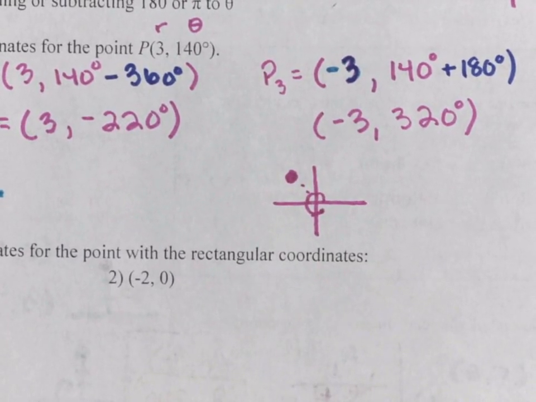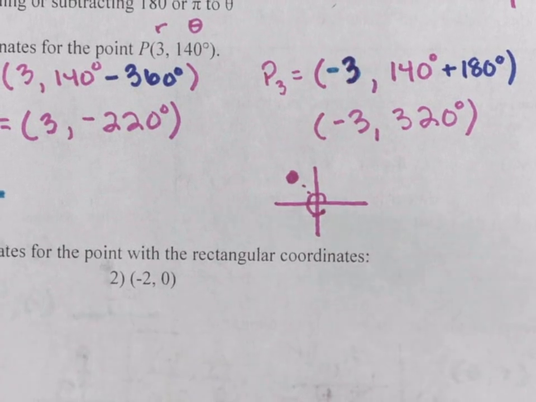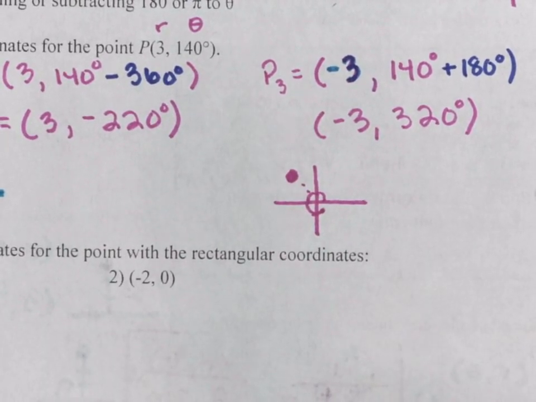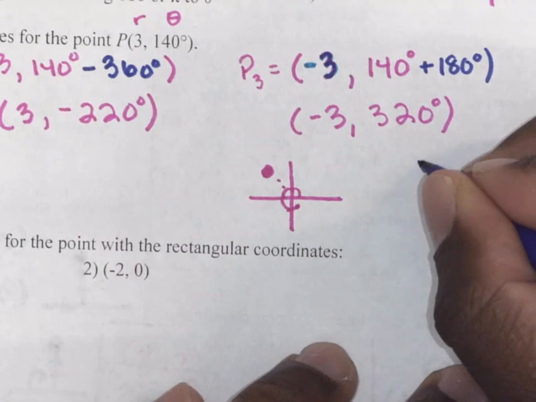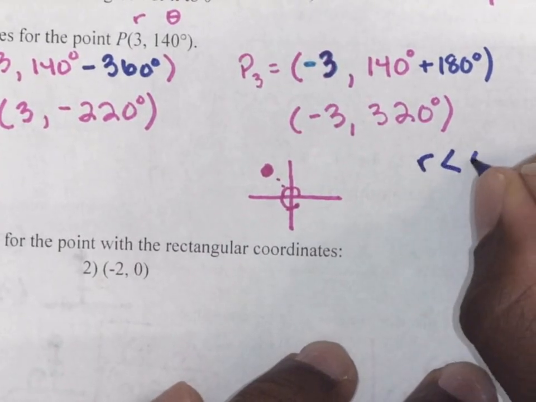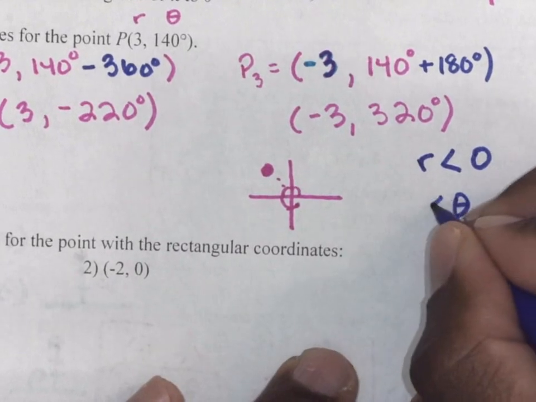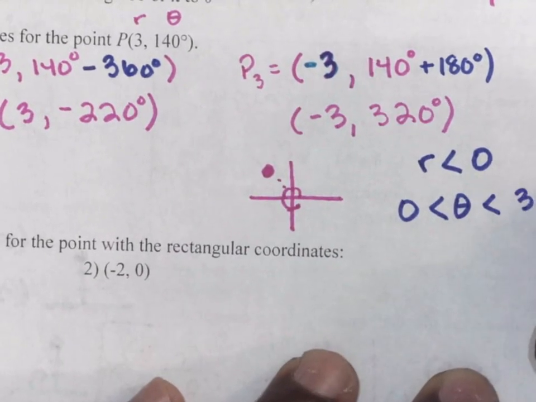All right, so this is the other way to find a point that's in the same location. It's a different point, but it's in the same location. Does that make sense? So just like with the coterminal angles, the way this question will probably be presented is maybe it'll say give me a radian measure that's less than 0, and it's between, maybe greater than 0 but less than 360.